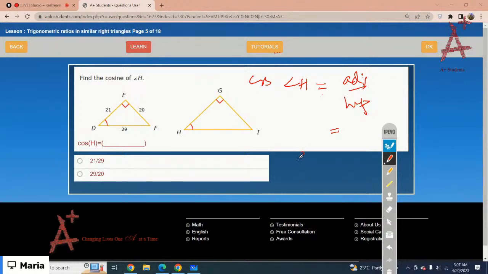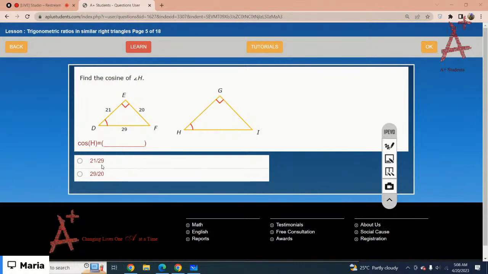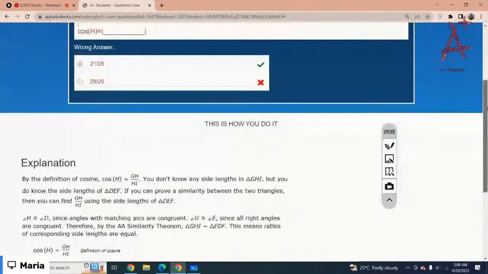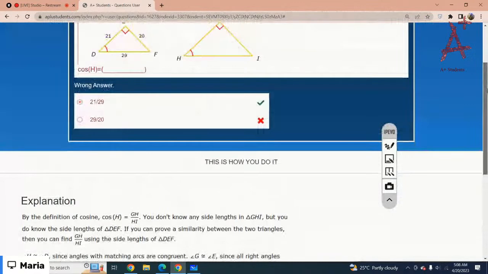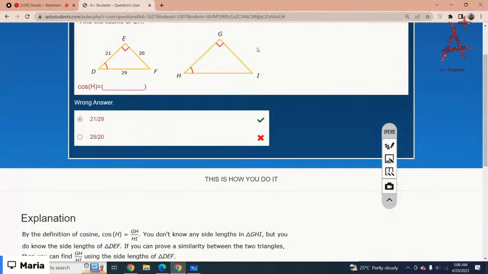The correct option is 21 over 29. Cos H is GH over HI, so it would be 21 over 29.